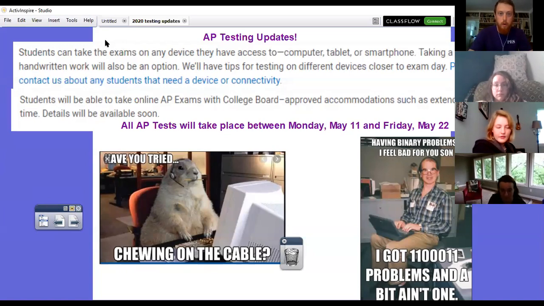I'm not just going to read this word for word, that would not be very exciting. So I'm just going to hit the high points and then we'll stop for questions if we have them. You can take the AP exam with a computer or a tablet or a smartphone. Whichever device you access the test on, that's going to be the device that you upload your answers with, okay?